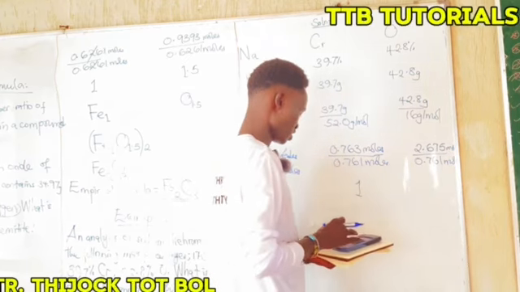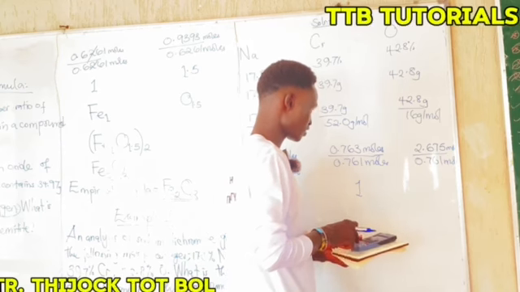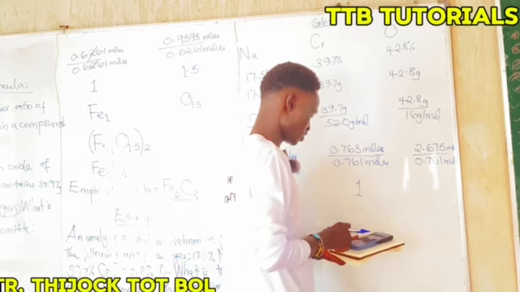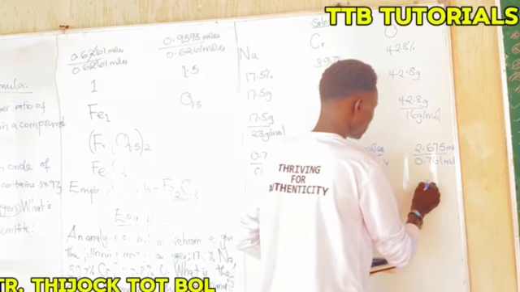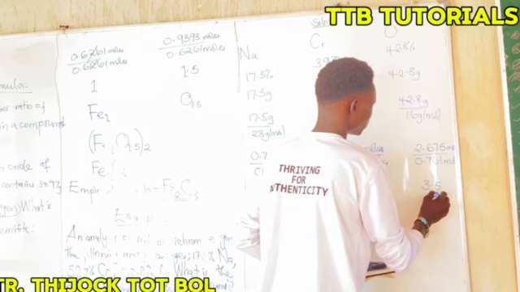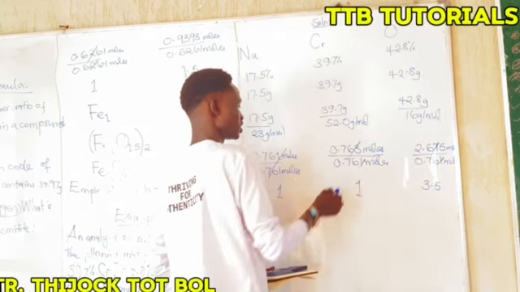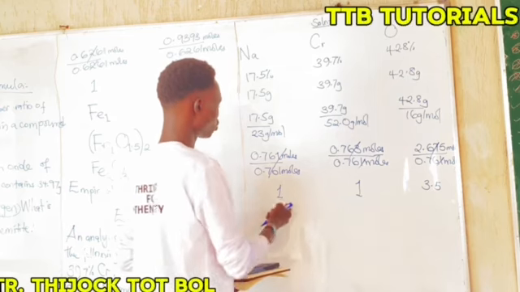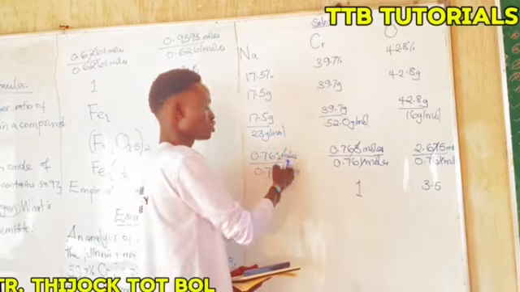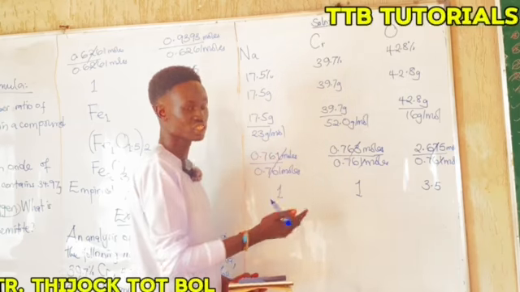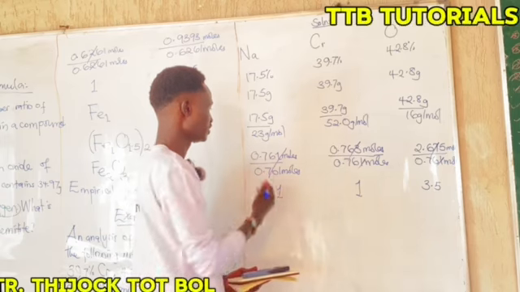Then here it is 2.675 divided by 0.761, where we are getting 3.5. The reason why we are not seeing units here is that this is the ratio of two similar units, so all these units will be crossed out in the process of division.